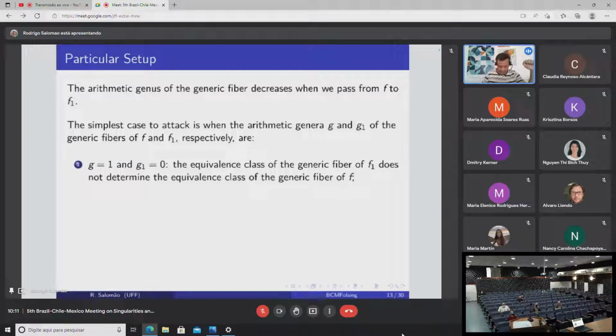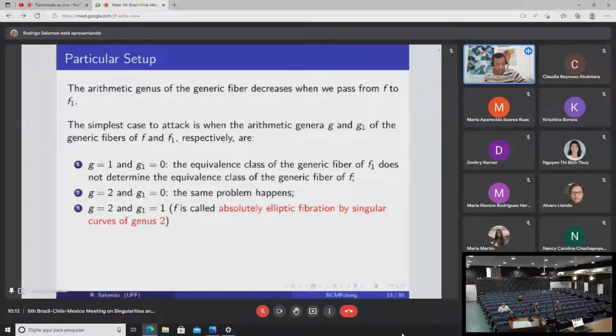So the next simplest case would be g equals 2 and g1 equals 0, but the same problem happens, okay? And the case that we will attack here in this work is the next one, which is g equals 2 and g1 equals 1. In this case, the fibration by singular curves is called absolutely elliptic fibration by singular curves of genus 2.